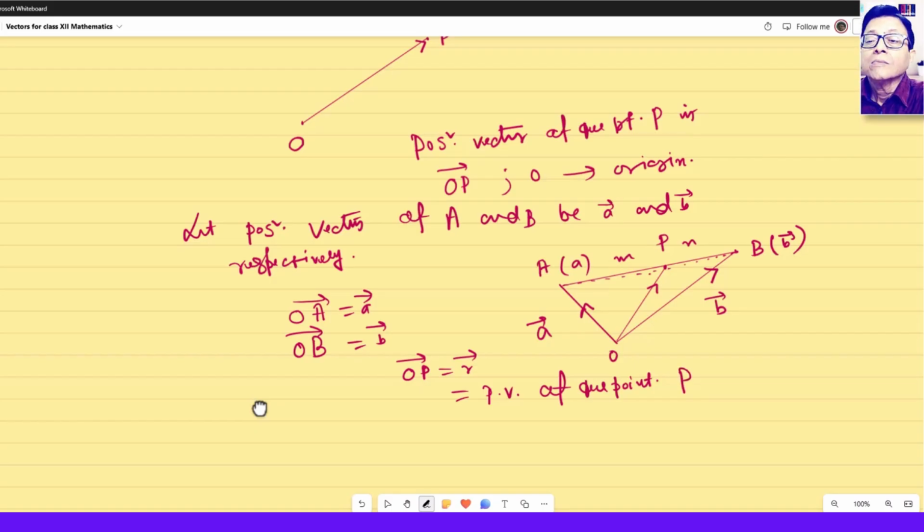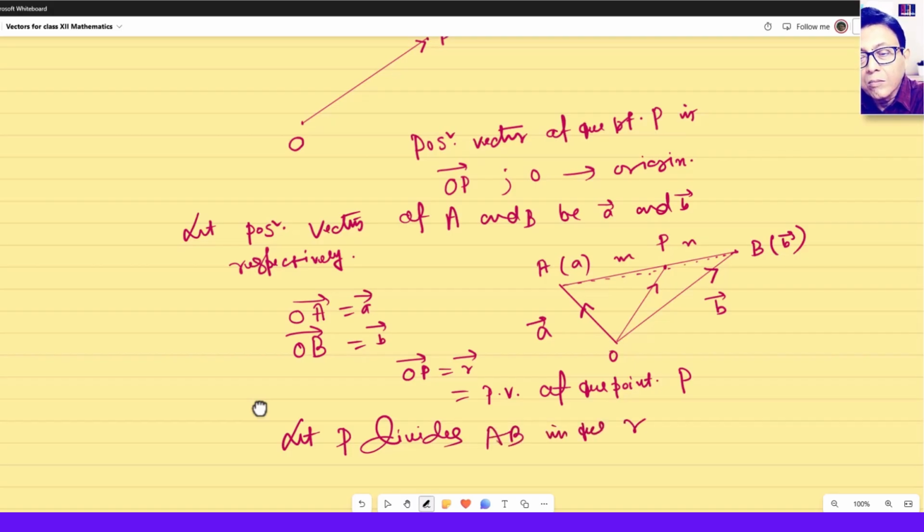This is the position vector of the point P, where P divides AB in the ratio m is to n.